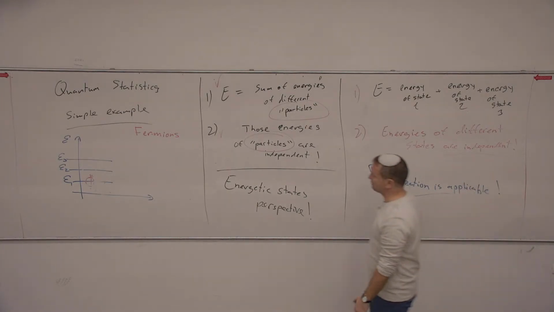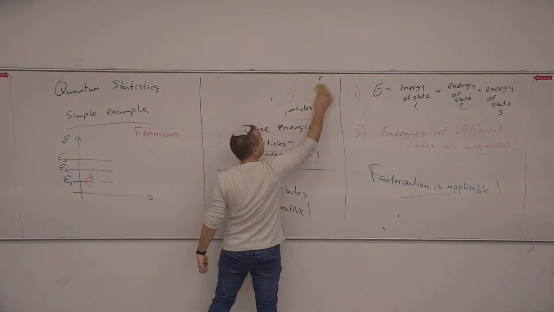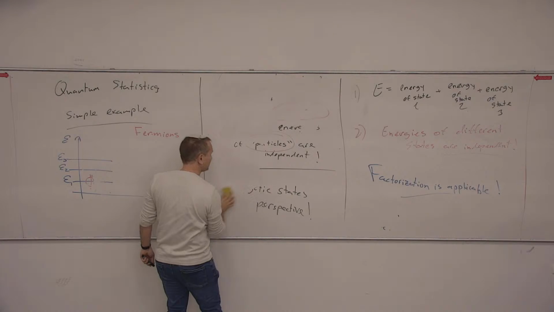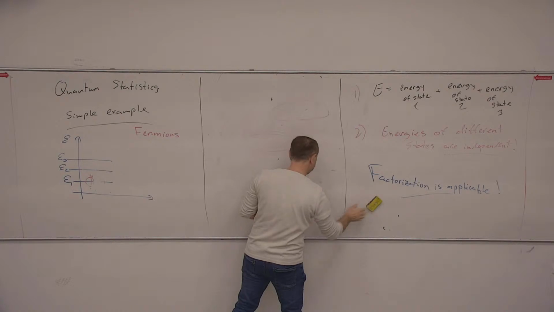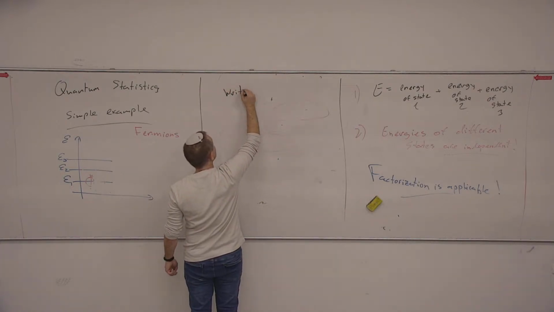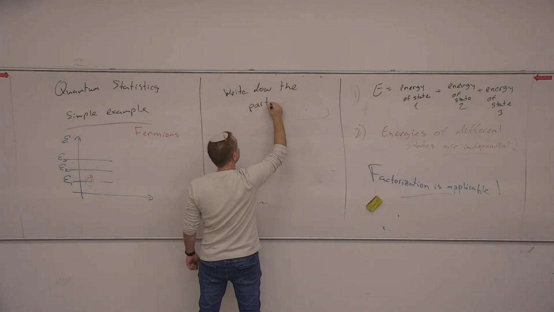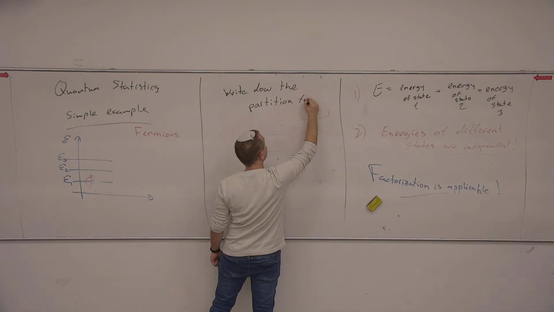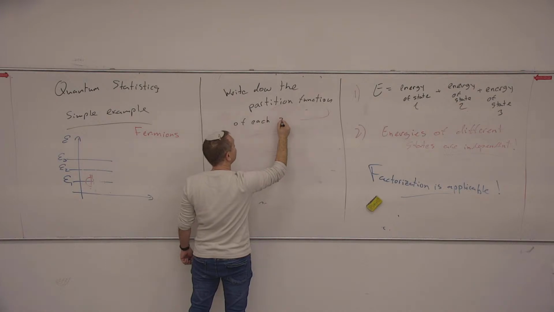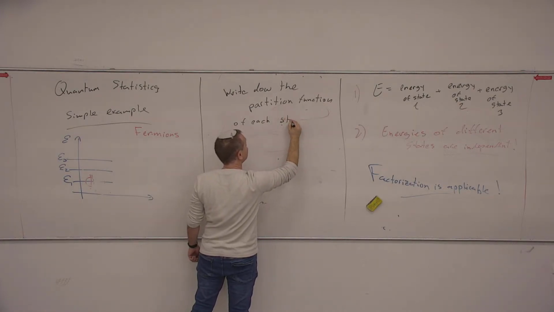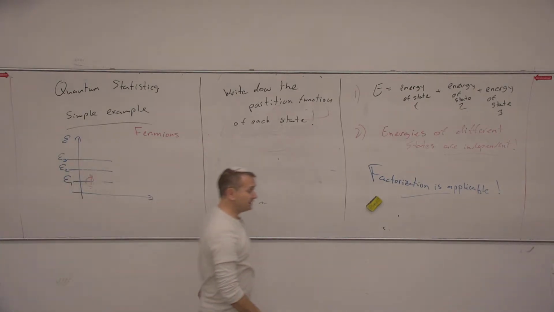So if factorization is applicable, and we're talking about fermions, the factorization tells us: write down the partition function of each state. Okay. So let's see what states do we have.